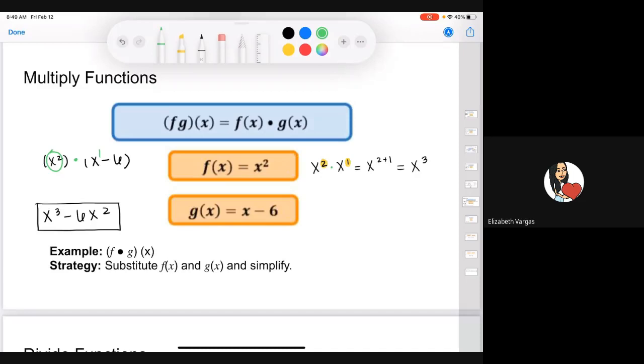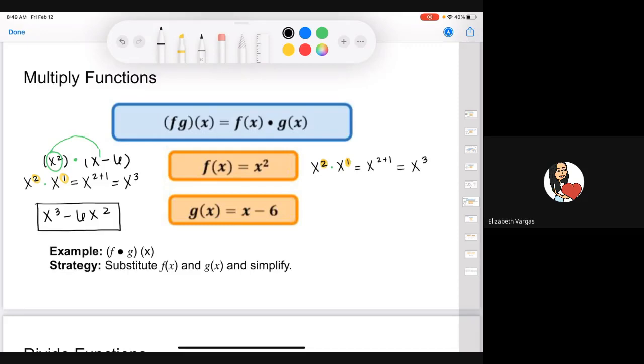Whenever we distribute x squared and multiply it by x to the power of 1, what that actually looks like is x squared times x to the power of 1. And what we're going to learn is that when you multiply the same variable with different exponents on the top, you can add them. So x to the 2 plus 1, and then 2 plus 1 is 3, so x cubed. And so that's how we get x cubed.